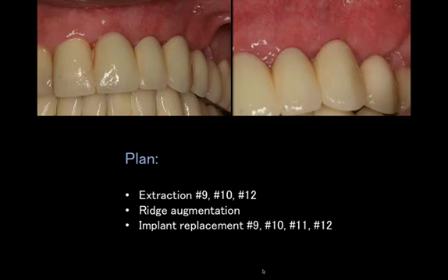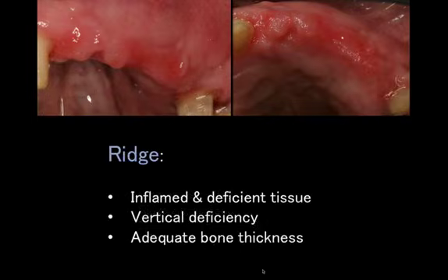Once the ridge was augmented, and it was augmented significantly because this patient lost a lot of bone and tissue due to periodontal disease, the residual ridge had very good bone volume. But if you look very carefully, the tissue under the provisional bridge was very inflamed. The tissue quality was poor, and there was some vertical deficiency, but very good bone thickness.